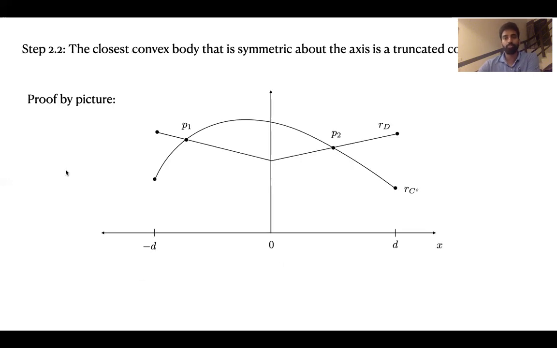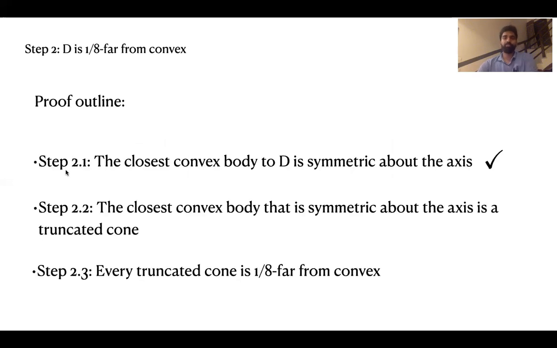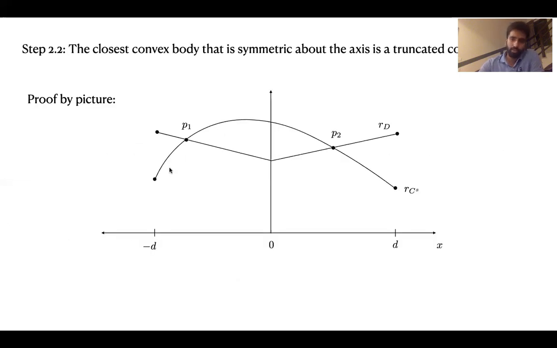So here we've proved the first part, where the closest convex body is symmetric. Next, we need to prove that it's actually a truncated cone. So let RCS be the symmetric radius graph of the symmetric convex body, and RD be the radius graph of the body D. Because this is concave and this is convex, they would intersect at two points P1 and P2.